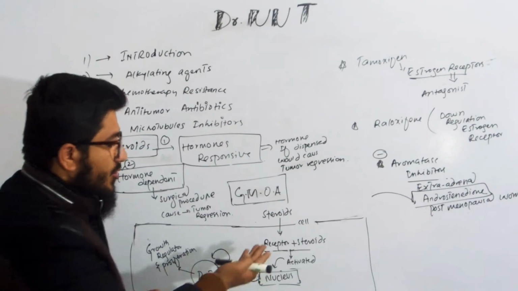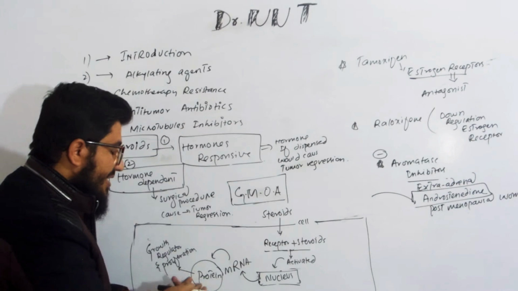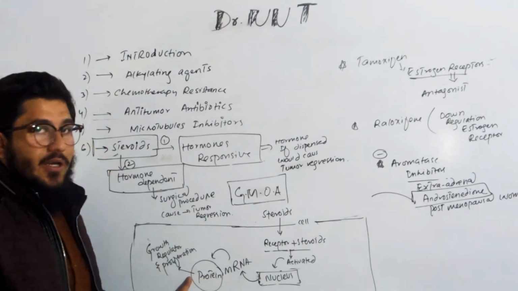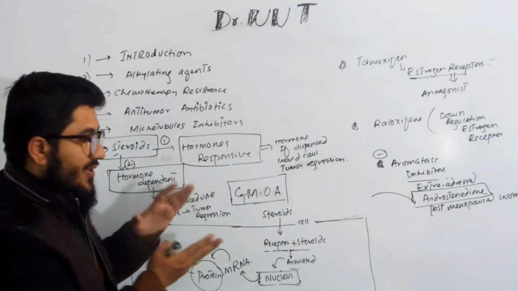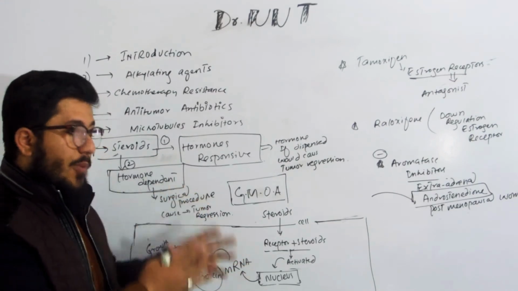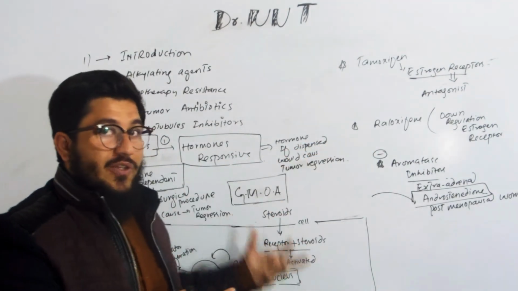If it does not reach the nucleus, it will not form a protein by transcription and translation. If this protein is not formed, there will be no growth regulation or proliferation of the cell. Like that, we stop the growth or proliferation of the tumor or these cancerous cells.